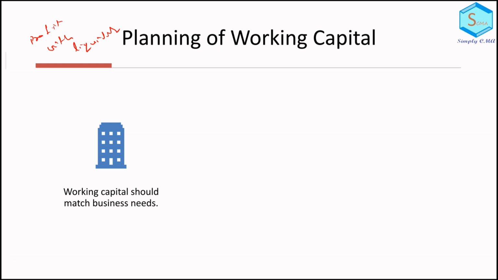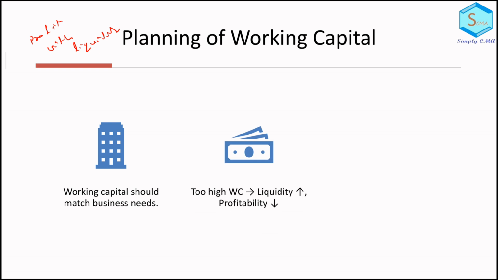Two, working capital should match business needs. Too much working capital means liquidity but low profitability. That means the company has more funds, but as it is not able to manage the funds properly, the company's profit is less.